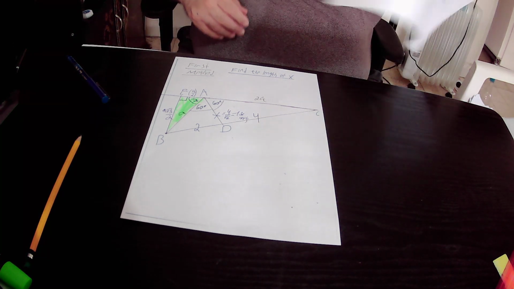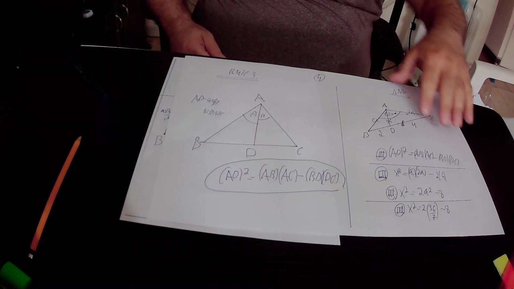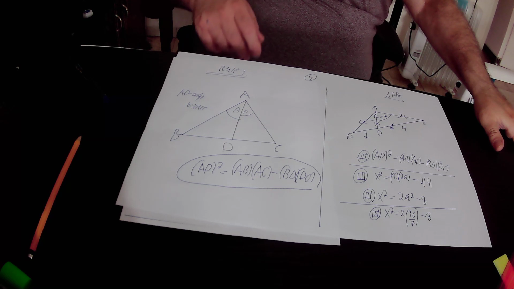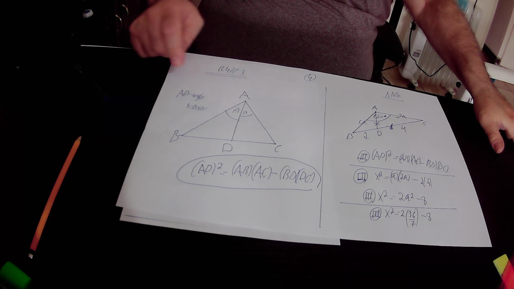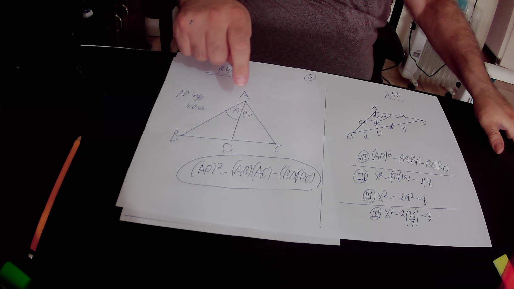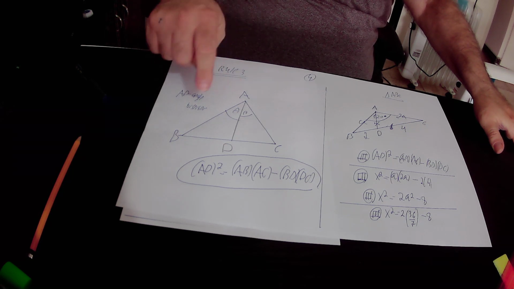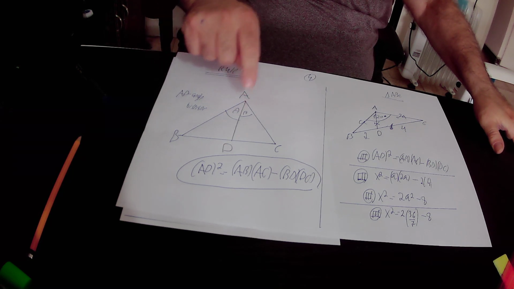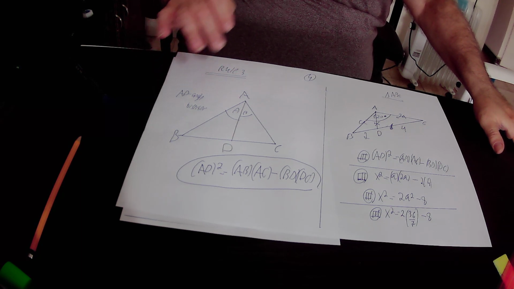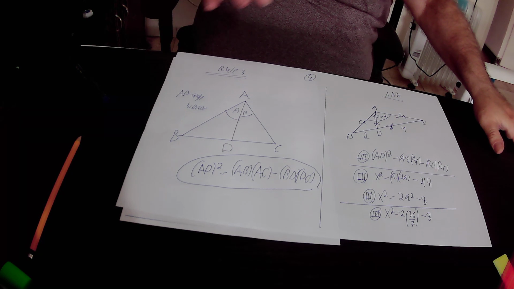Then I presented to you rule number 3. Here we have triangle ABC that could be any triangle. AD is the angle bisector because it divides angle BAC into 2 halves, each half equals theta. So in this triangle ABC we have the angle bisector AD, therefore we can implement rule number 3 here.